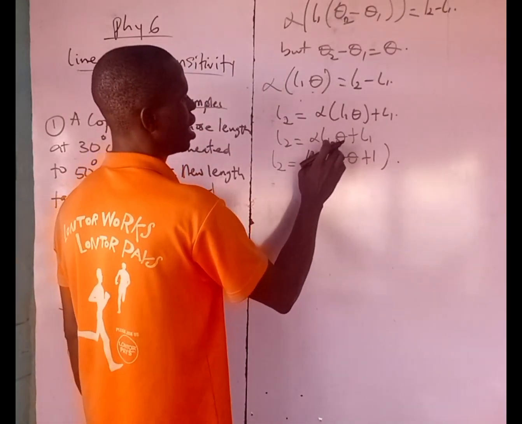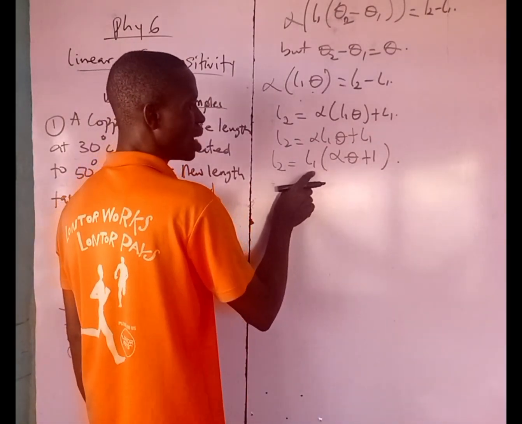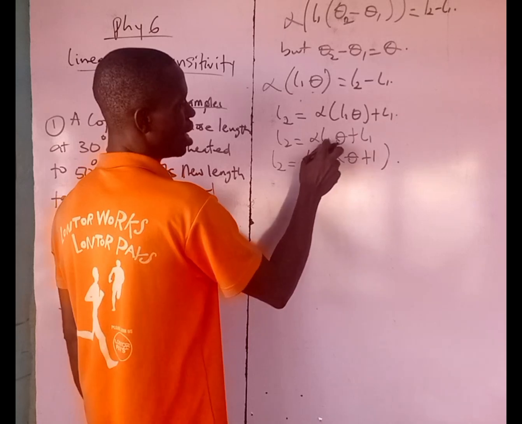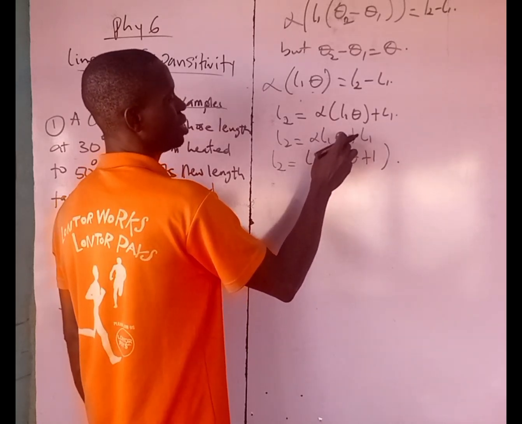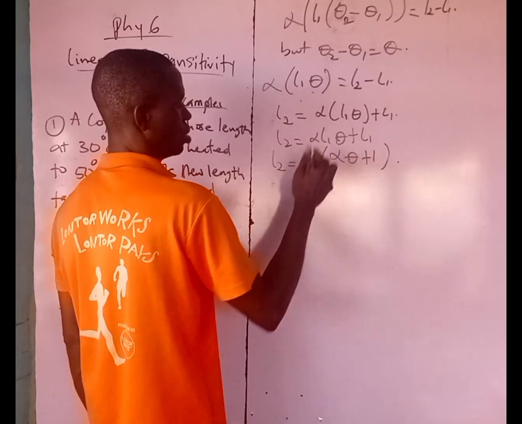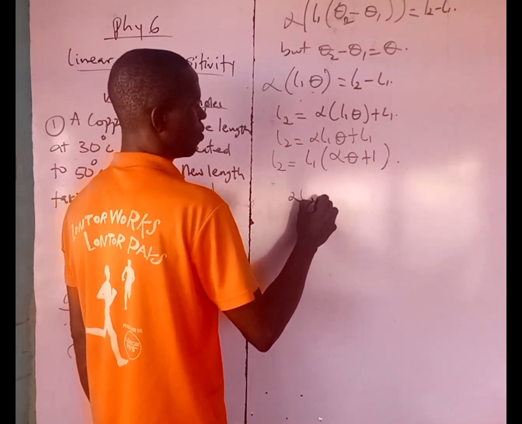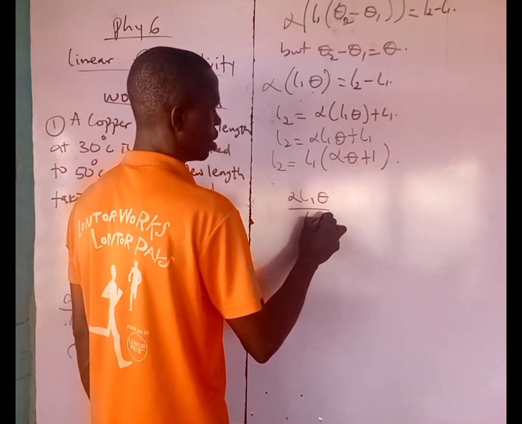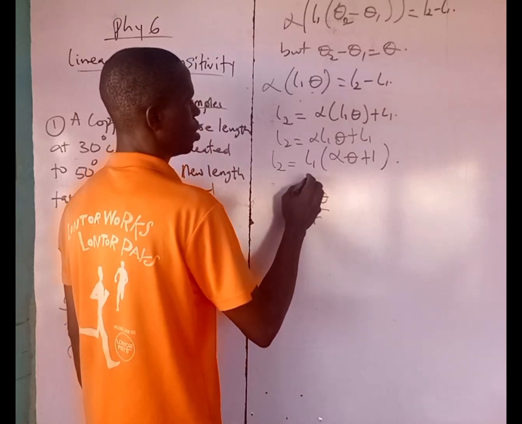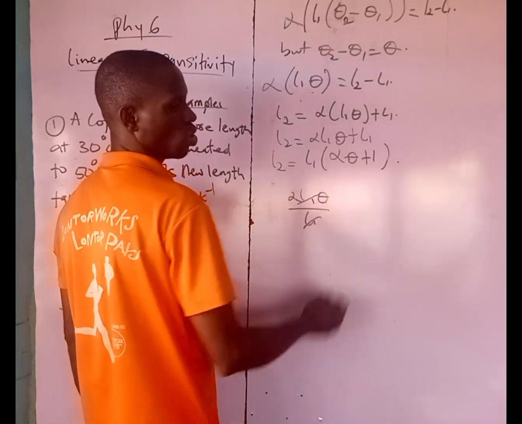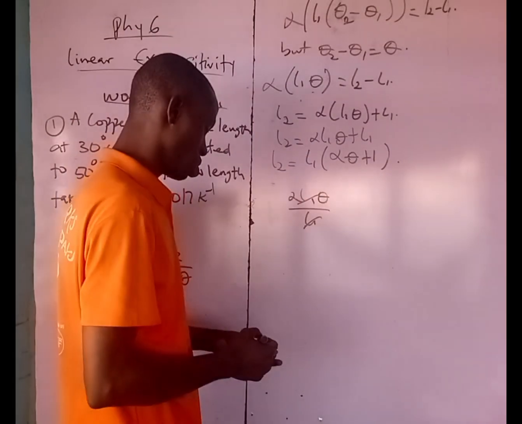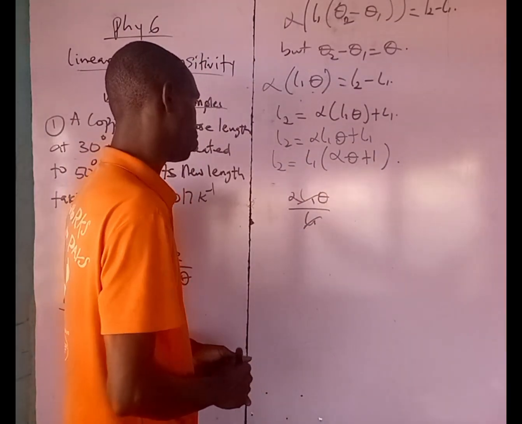We say factorize. L1 and L1 is common. So we write it out. Alpha L1 theta divided by L1. Look at it. L1 can cancel L1, then we have alpha theta. Then same thing, L1 divided by L1, you have 1. So that's how we got our L2.